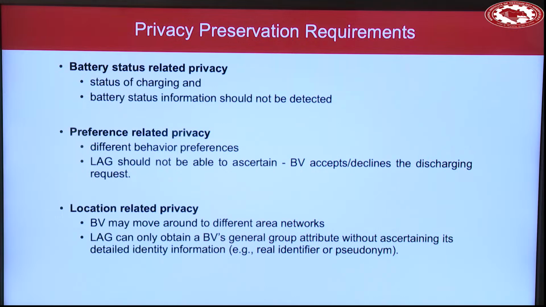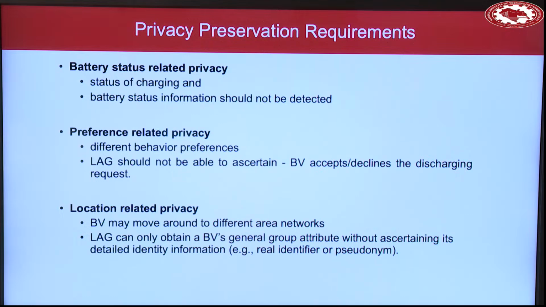They collect encrypted data, they can run the machine learning model, and they can still predict that you have a kettle in your home, you have a television, whatever. That gives some additional information to the attacker, despite the fact that your data is encrypted. So traditional methods are actually not working in a way. They're leaking some information. So the local aggregator should not be able to ascertain whether the battery vehicle accepts or declines.